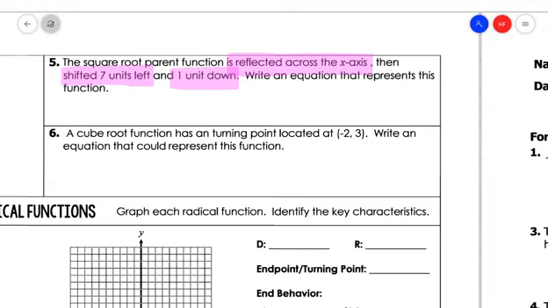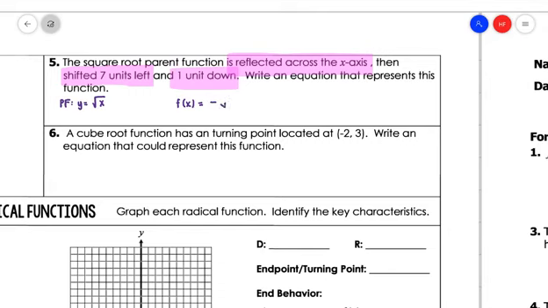So those are my transformations. My parent function is y equals the square root of x. And so my new function, I'll name it f of x. So it's reflected across the x-axis, which I know will be a minus in the front.